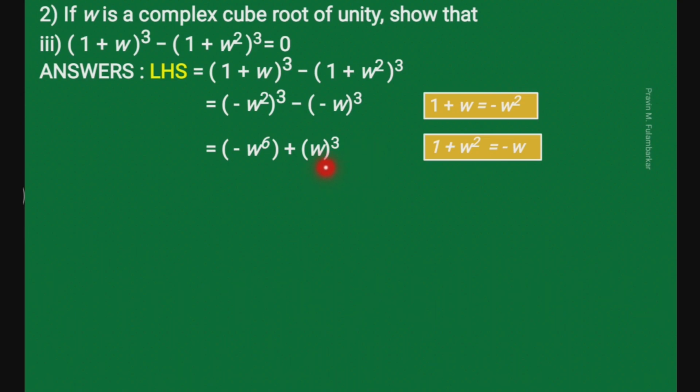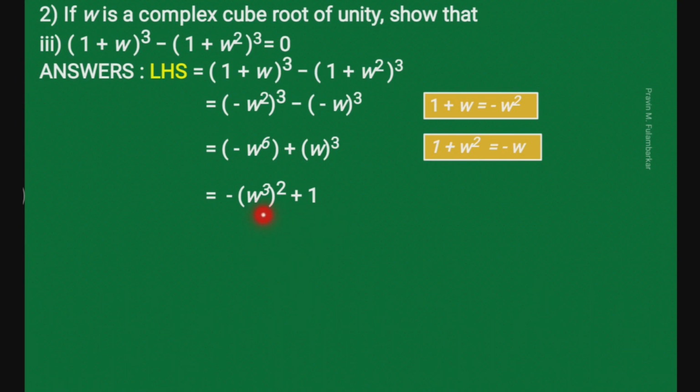Now we replace this omega cube by 1, and this omega raised to the power 6, we write omega cube raised to the power 2, and the minus sign we keep as it is. So this omega raised to the power 6 we write omega cube its square, and omega cube is replaced by 1.